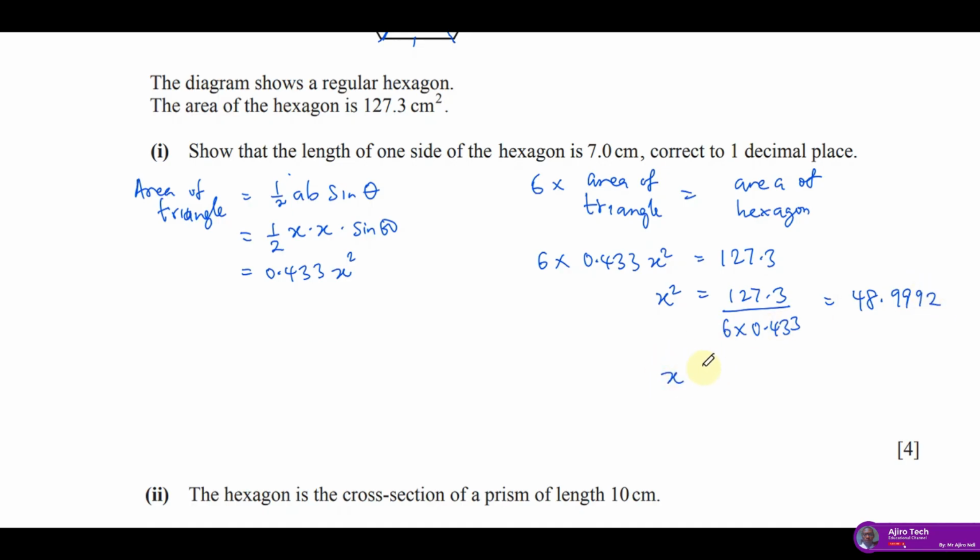So x will be the square root of 48.9992, which is approximately 7 centimeters. So I've got that.